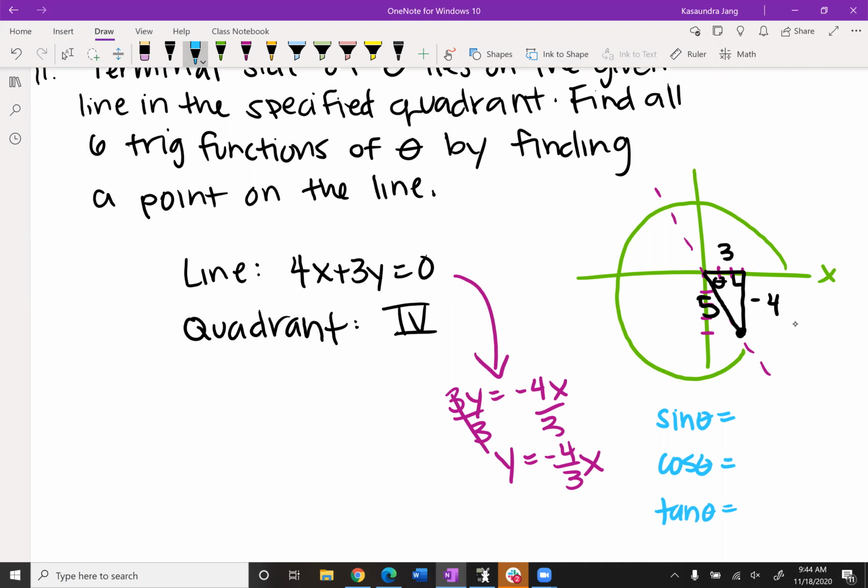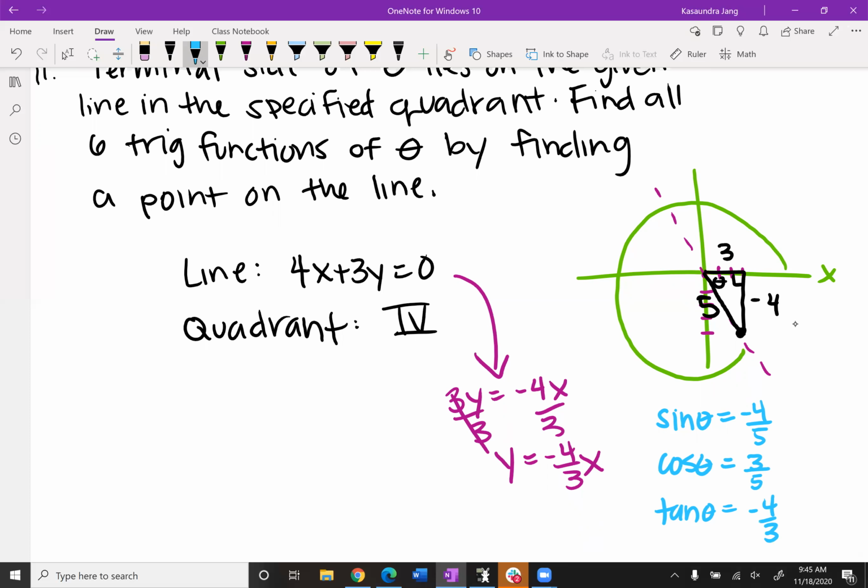Sine is opposite over hypotenuse, or in this case the y over the radius, -4/5. Cosine, adjacent over hypotenuse, or the x value over the radius, so 3/5. And then tangent is opposite over adjacent, or the y over the x, so -4/3.